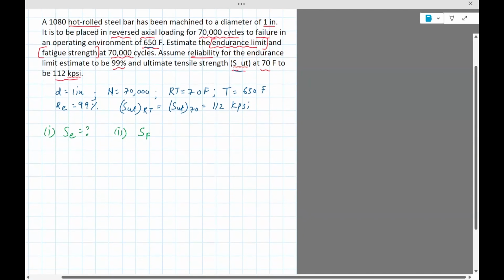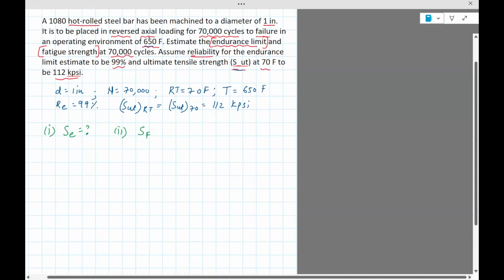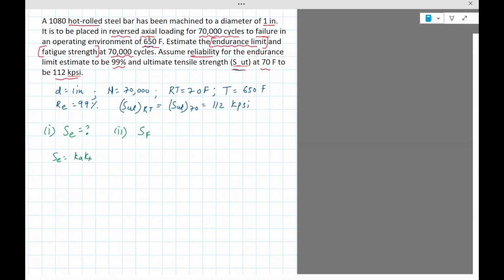Okay, let's think a little bit about how we might compute SE. One way of computing SE is if you know Ka, Kb, Kc, Kd, Ke, then we can use this formula. And for SF, it's normally A N to the B, where N is 70,000, and A and B are, let's write what A and B are.